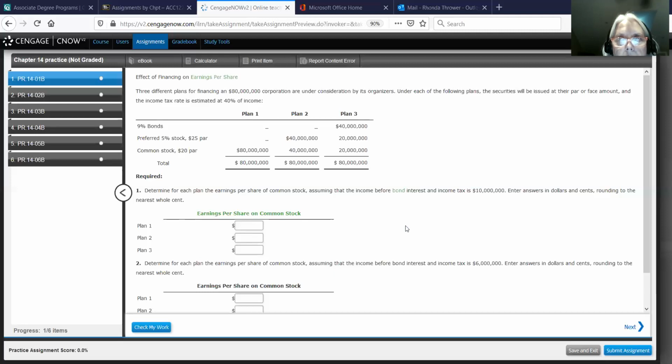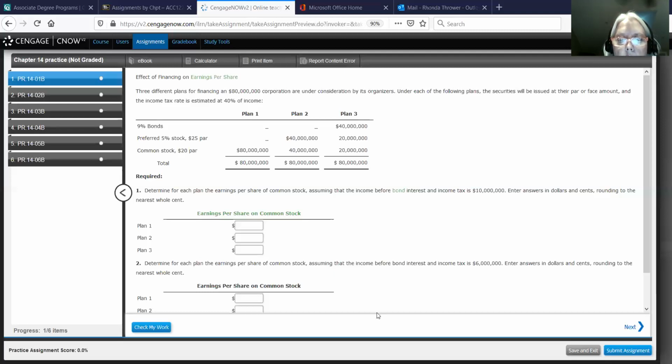You'll remember in the last chapter, we looked at a statement of retained earnings and we looked at the stockholders' equity section of the balance sheet, but we really did not discuss the income statement.